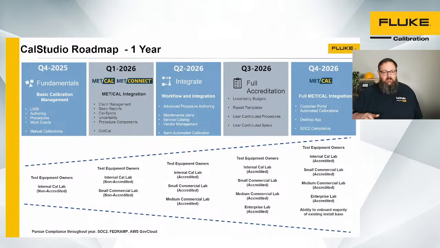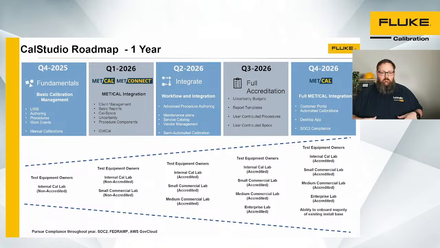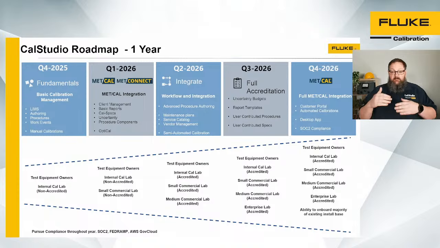Licensing, there's really 3 different kind of groupings of the licensing with CalStudio. The first is the limbs. The second is procedures, so that's authoring and execution kind of grouped together. And then the third is the workflow and integration manager. Within each of those are multiple tiers of functionality, multiple tiers of features included, really to target different types of customers at different price points.